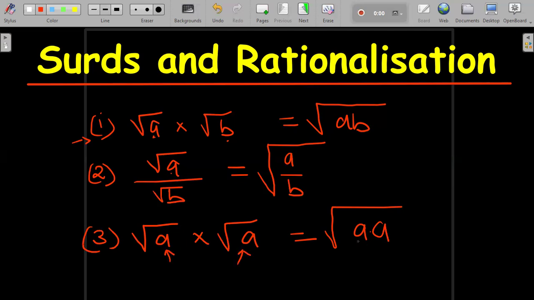When we multiply a by a, we get the square root of a squared. The square root of a squared is just a, because the square root cancels out with the square. So we're just going to remain with a. Whenever you're multiplying the square root of a certain number by itself, the root and the square cancel out each other, and you're just going to remain with a.